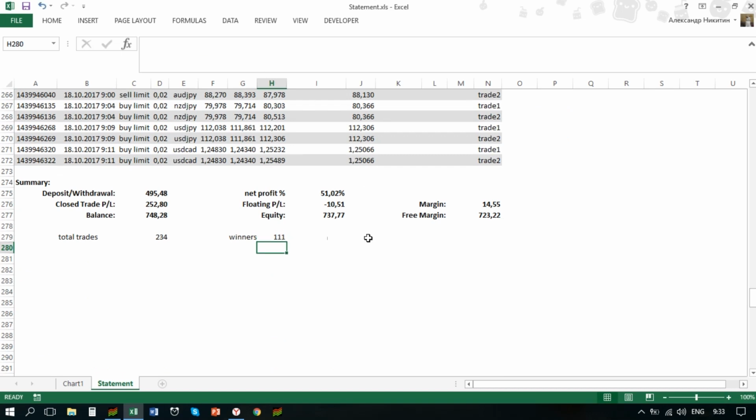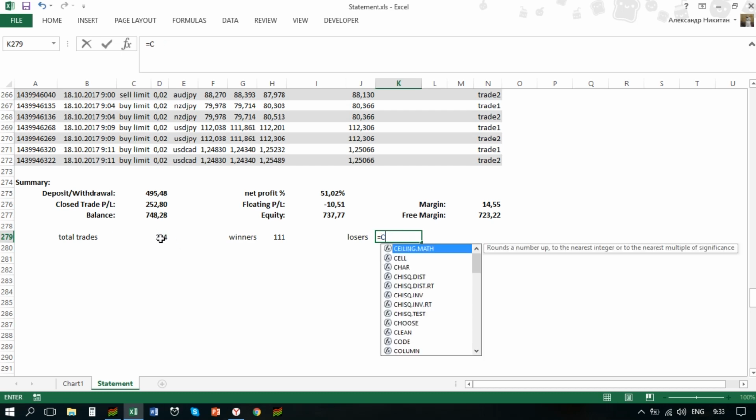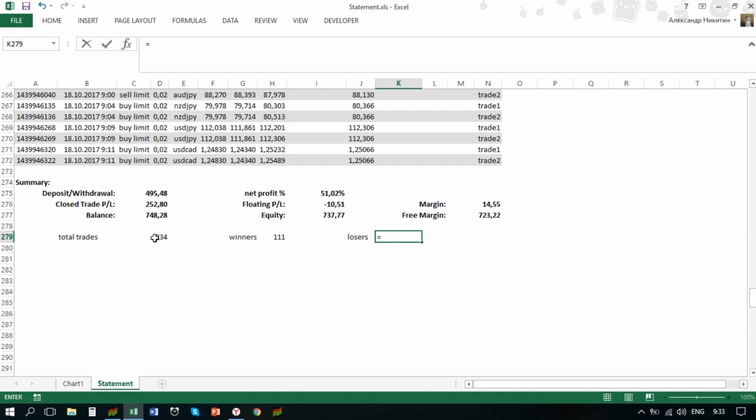Okay, let's calculate the amount of losers. Let's do it this way. Total, no. Oh, no. Okay, come on. Total minus winners. Yes, perfect. The amount of losers is this. Why do I have more losers than winners? It should be the opposite.